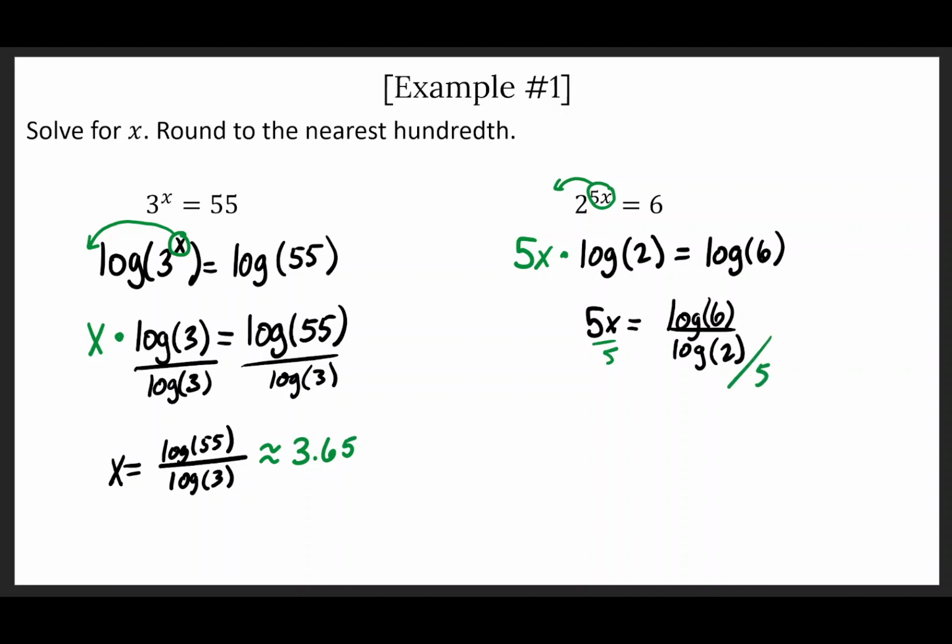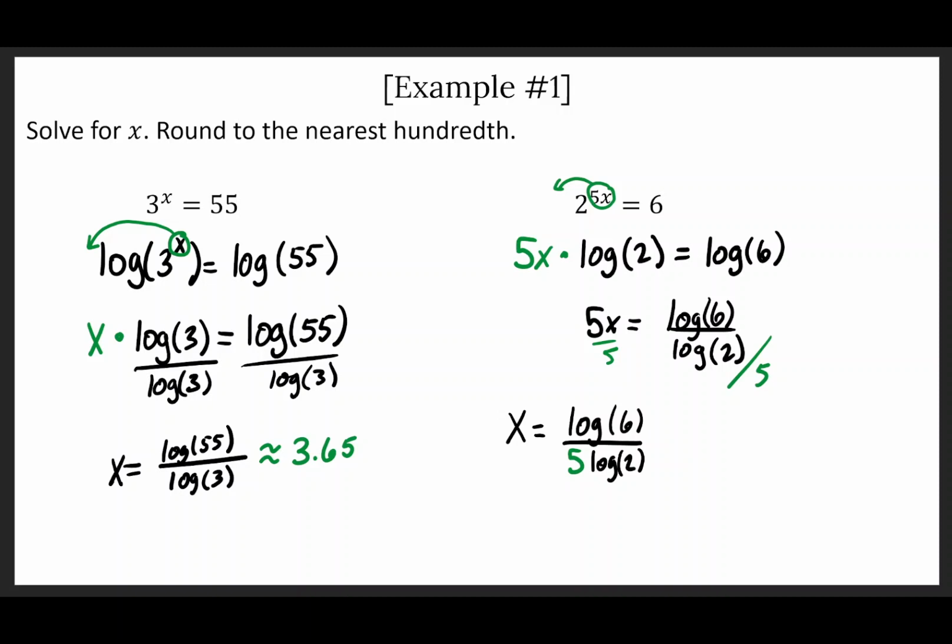Since it's division, we can just take that divided by 5 and stick it in the bottom with the log 2. So here would be the appropriate way to write it: x equals log 6 divided by 5 log 2. So that 5 is down there in the bottom of that fraction.